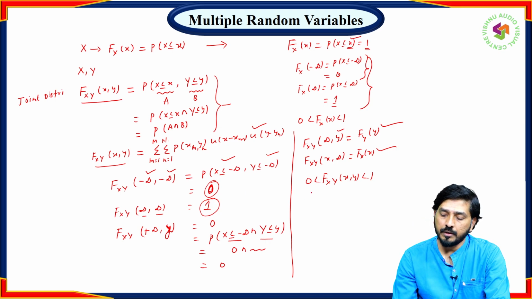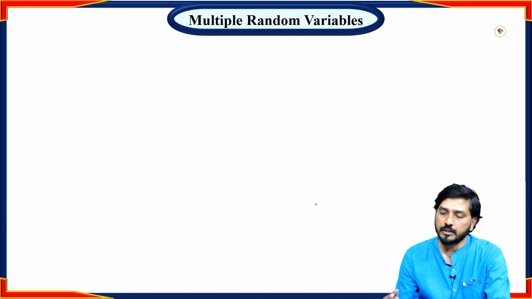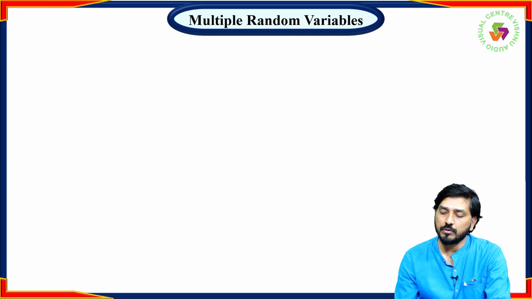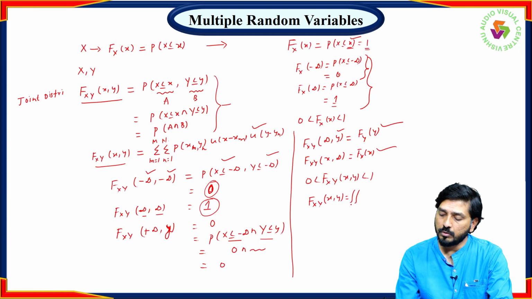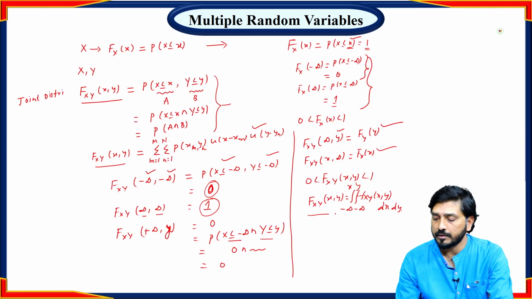Then the relation between joint distribution and density, you can write it in the next case also, but I am giving it here itself: F x comma y in case of two random variables is a double integral from minus infinity to x and minus infinity to y of fxy of x comma y dx dy. This we have seen already in the single random variable case.